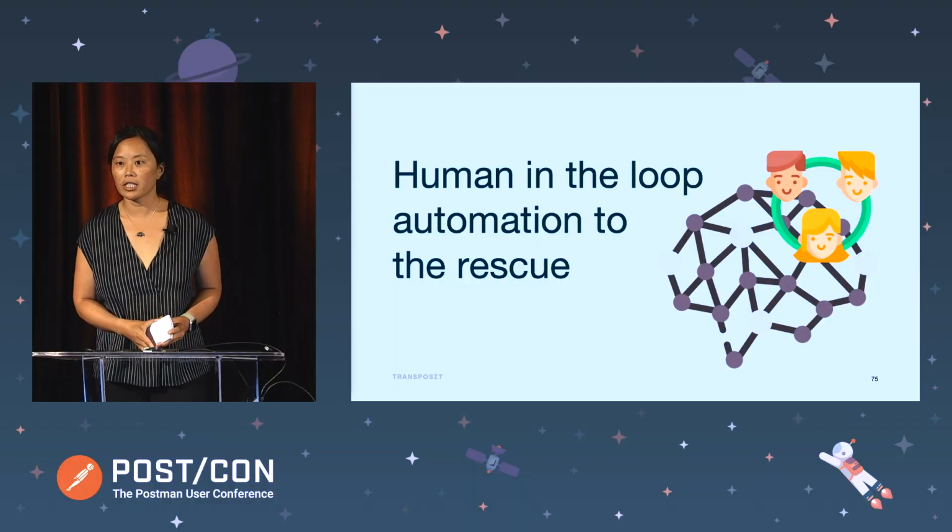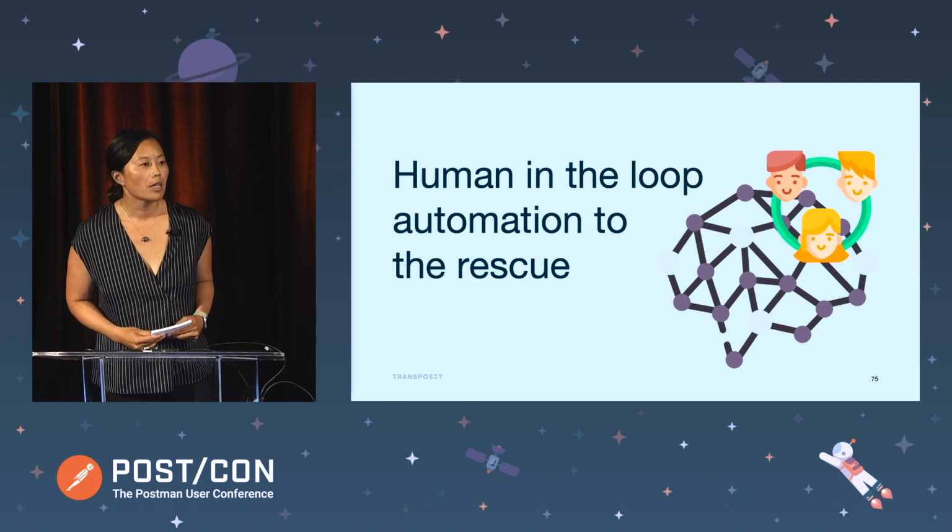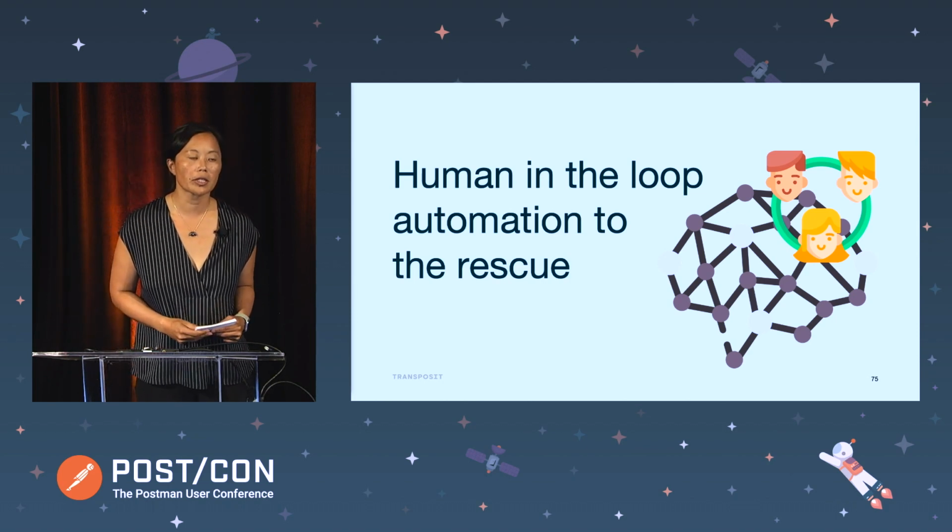So now we've introduced this new complexity, which is how do we communicate to every person the proper way to configure this workflow? So how can we get some of these efficiencies of automation into more and more of our workflows? Fortunately, there's something called human-in-the-loop automation.